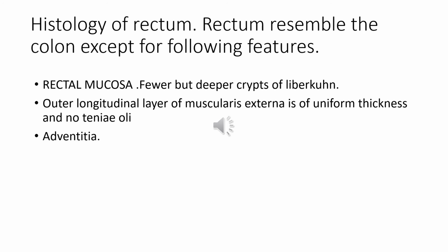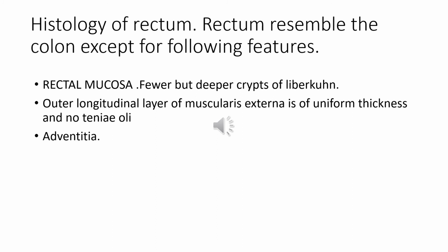The difference is that the muscularis externa is in the form of an inner circular layer, which is like that of the colon. But in the colon, we have seen that there is a thickening of the outer longitudinal muscle layer in the form of three thick bands, called taenia coli. In the rectum, these are not present.